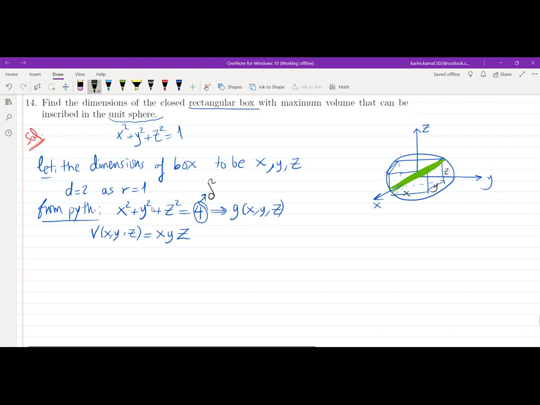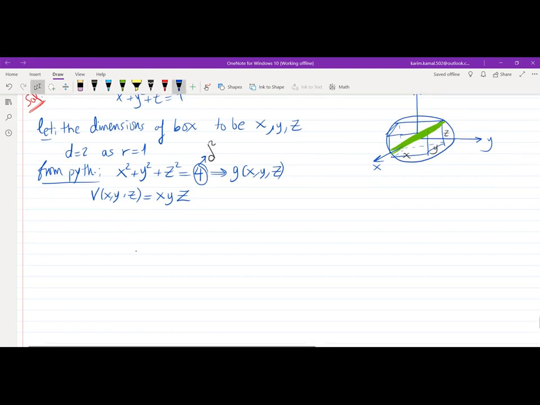We have that nabla v equals lambda nabla g according to the condition g of x, y, and z equals k, which can equivalently be written as vx equals lambda gx and vy equals lambda gy and vz equals lambda gz.